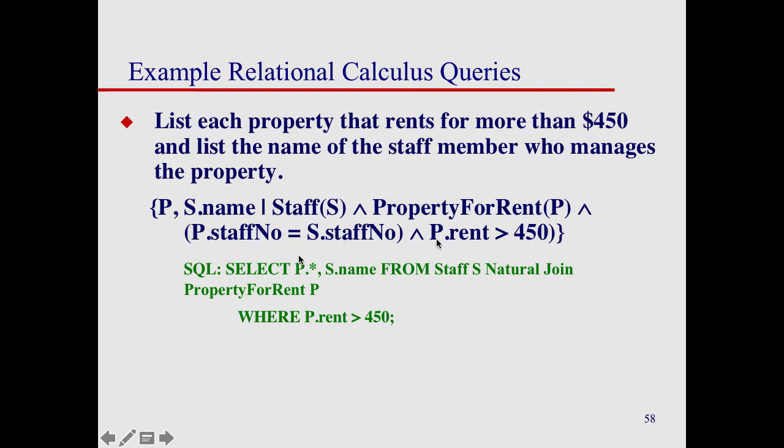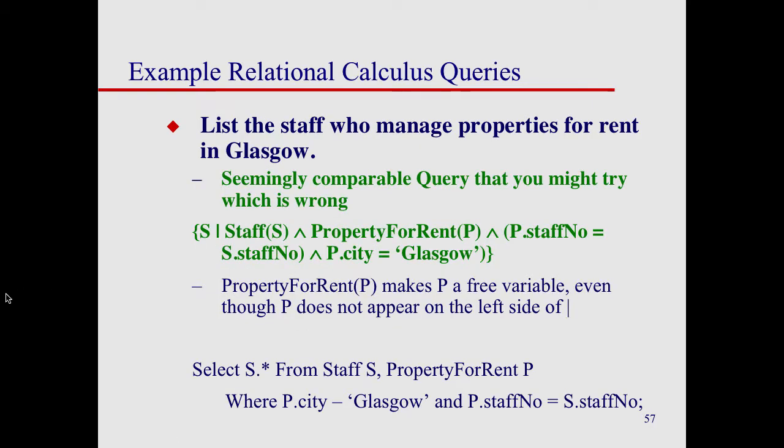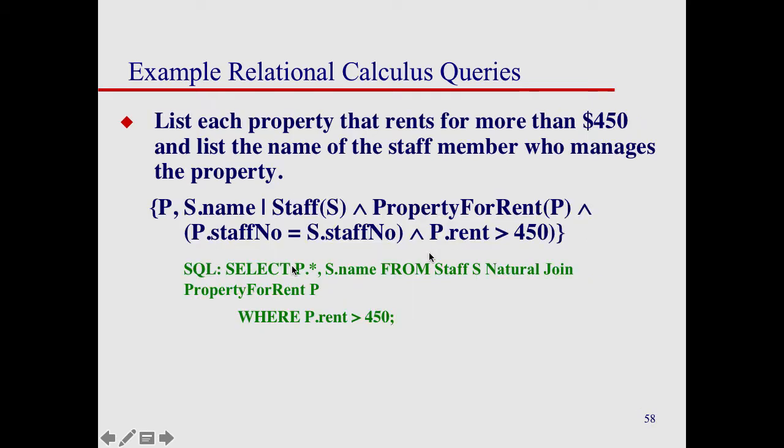This is fine, but the issue is that I'm also showing all properties that the staff is managing. In the previous one, I was only showing staff who managed a property in Glasgow. So even though this is a valid query, it's not the same as the previous one.